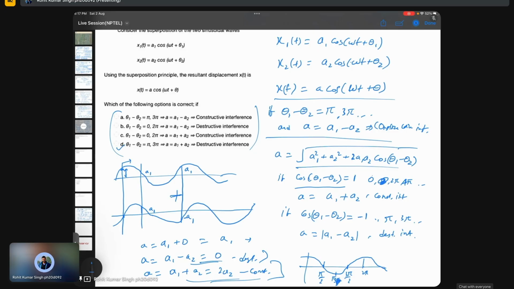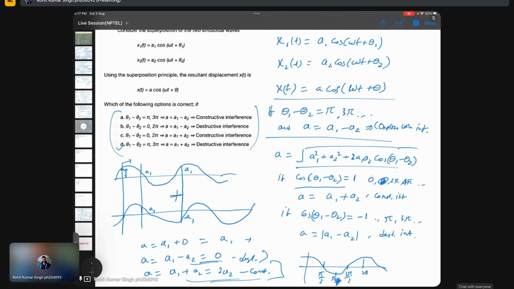So this one is also a simple application of superposition. Basically two waves are given here, but the difference is this is a traveling wave, so now there is a dependence on space also, like x.